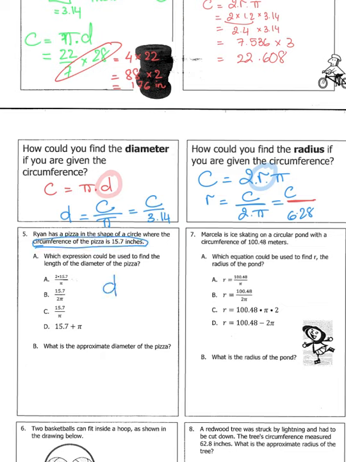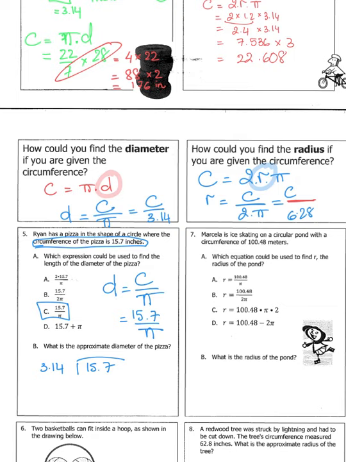So that means we're going to take the circumference and divide it by pi. Circumference is 15.7 divided by pi, which is C. What is the approximate diameter of the pizza?